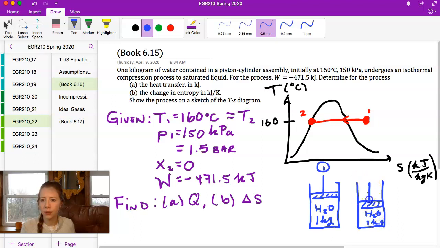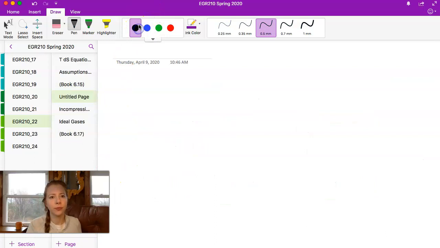So this would be 2. So we should start with, of course, the first law of thermodynamics, and that would be with an energy balance. So I'm going to open up a new page for that. So this is still 6.15.